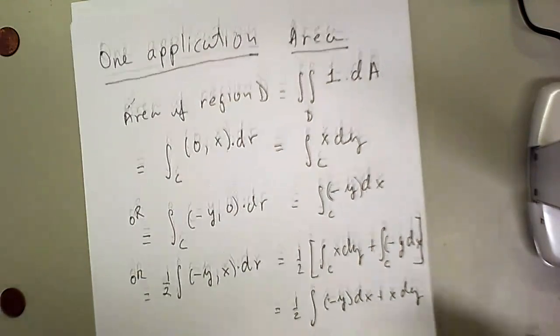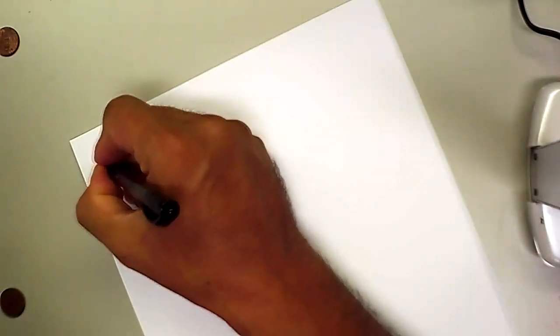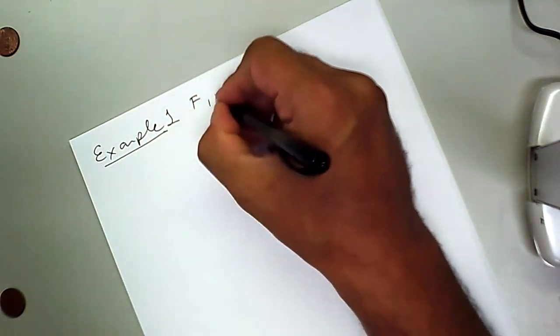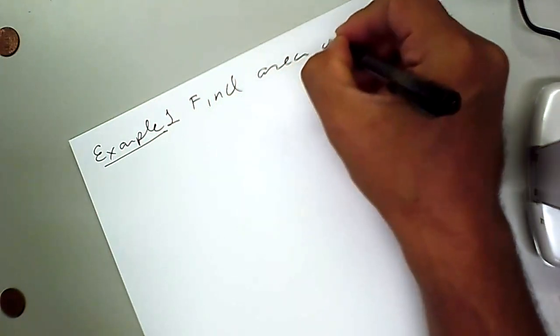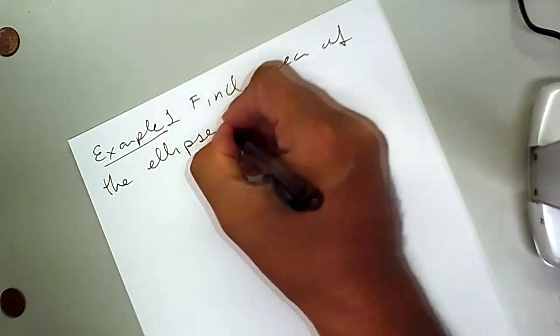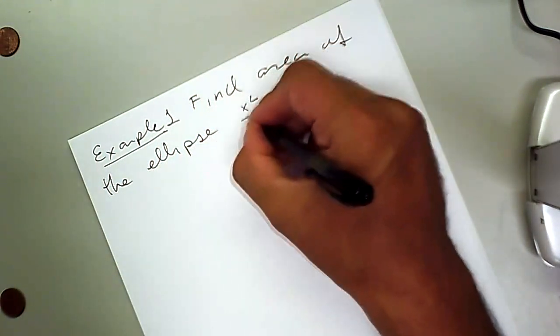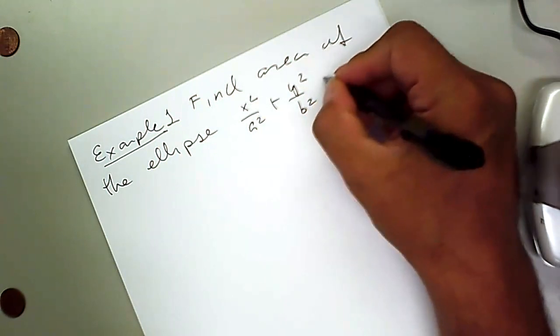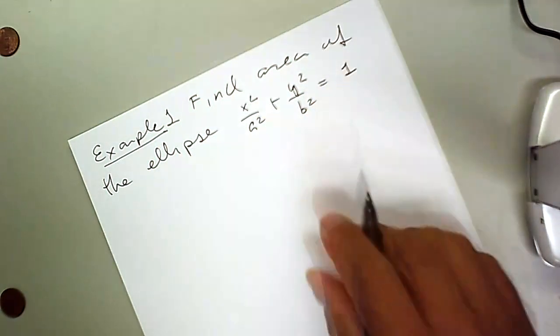So let's do an example. Example 1. We're going to find the area of the ellipse x squared over a squared plus y squared over b squared equals 1.